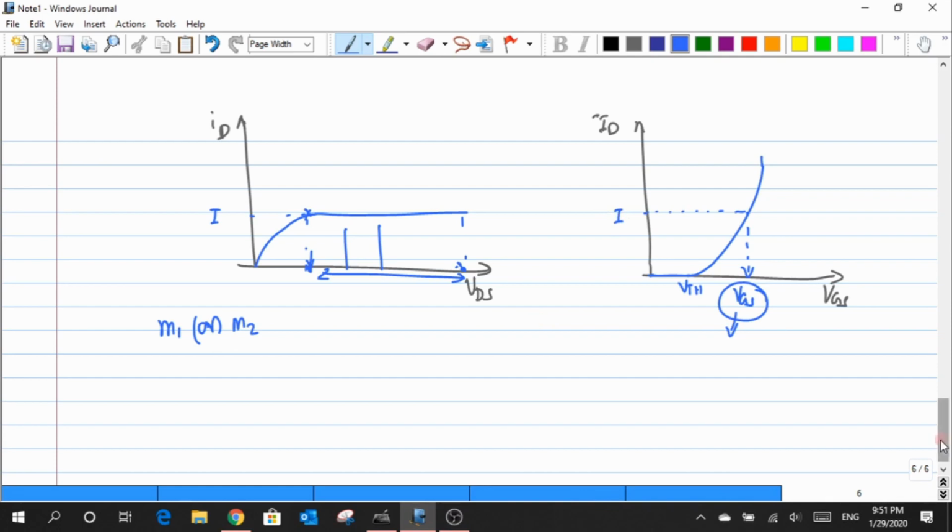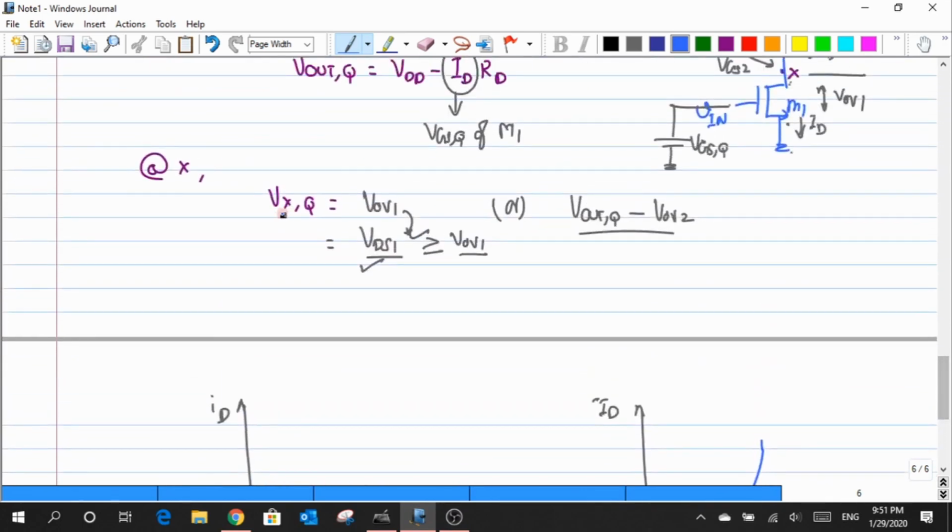Hope that you're clear. What I'm trying to say is that in order to define the value of VX Q, I cannot use the VOVs or the VDS values, the voltage across the drain to source, to define my Q point, because those are values that can change, or have a range of values they can support. It is not a single value for a particular current.